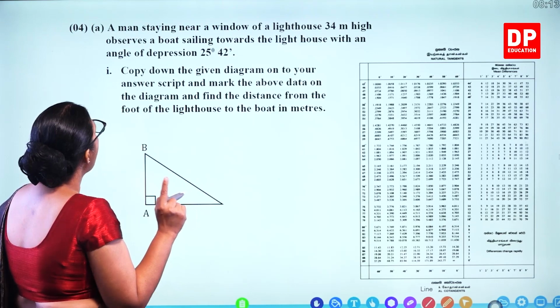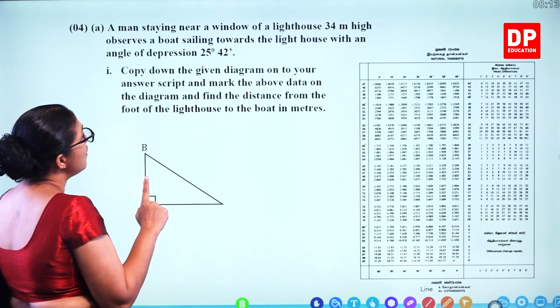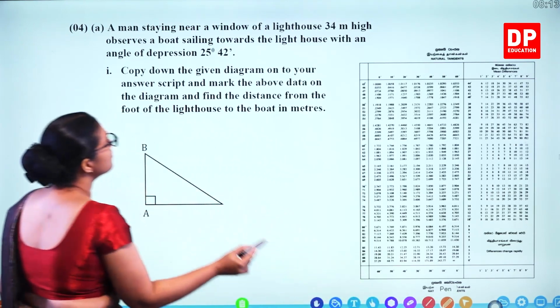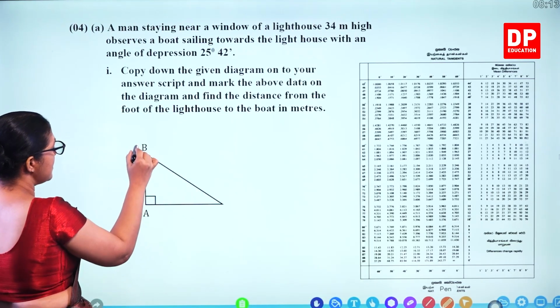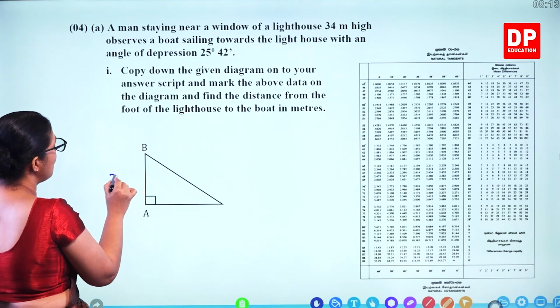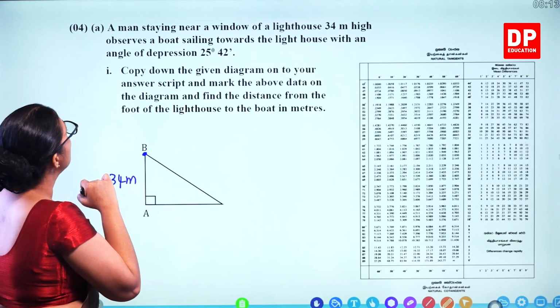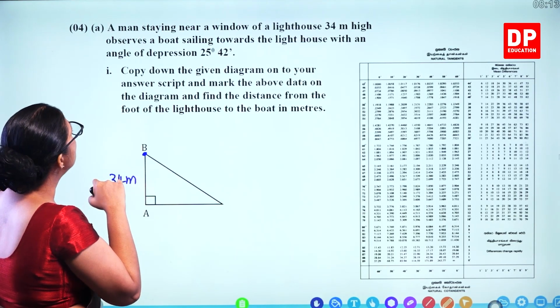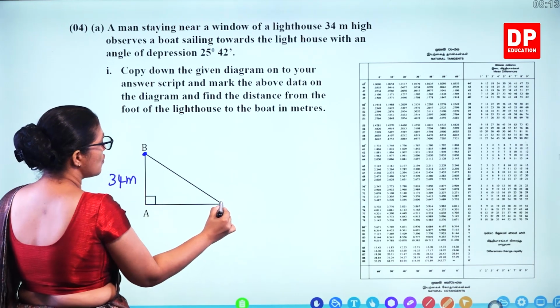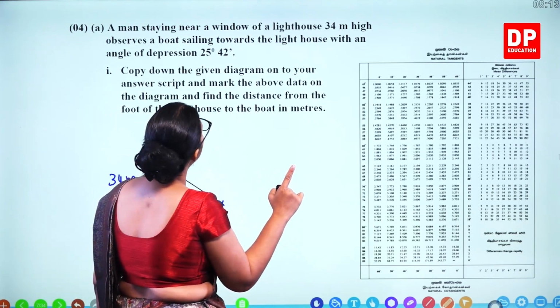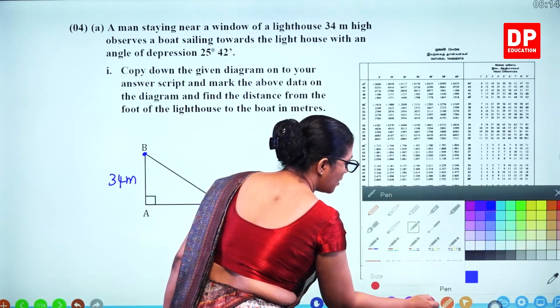So it says a man staying near a window of a lighthouse 34 meters high. So we'll take, this is the lighthouse, 34 meters. So this is the person there, and observes a boat. So here, this is the boat. Angle of depression 25 degrees.